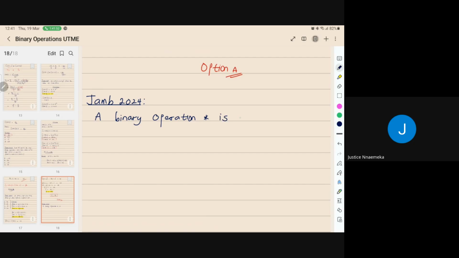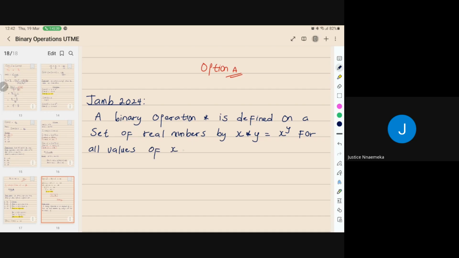Asterisk is defined on a set of real numbers by x asterisk y equal to x to the power y for all values of x and y.